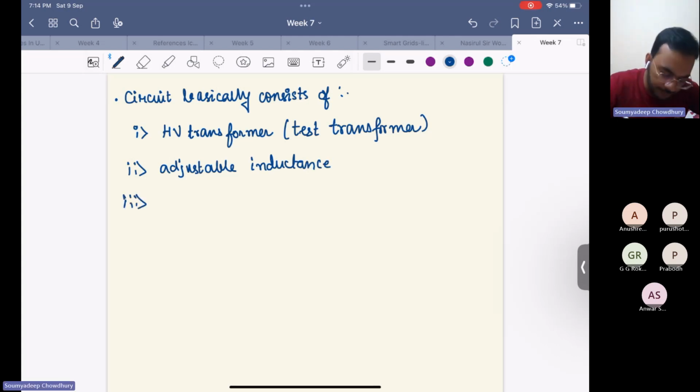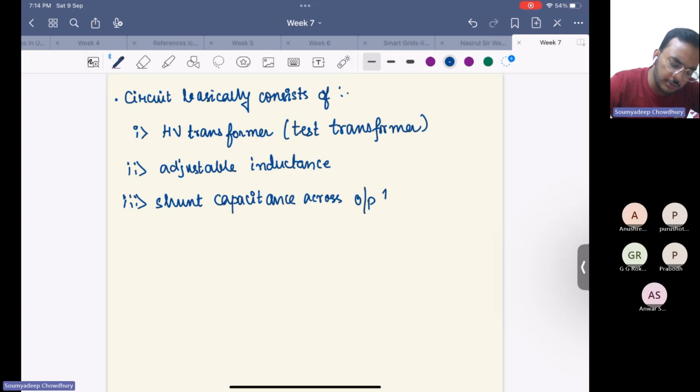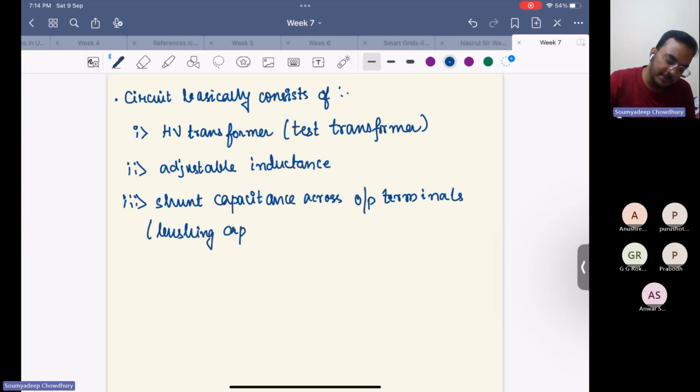And third, it will have a shunt capacitance across. So this capacitance, that is C2, will consist of the bushing capacitance of the transformer. The bushing of the transformer has some capacitance, right? So bushing capacitance plus the capacitance of the test object.